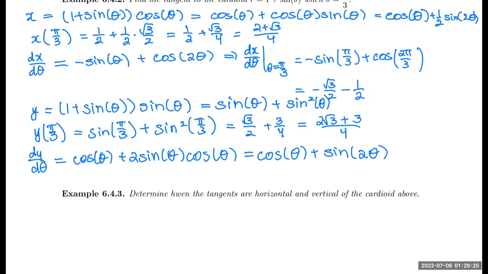So now over here, did I calculate this right? Let me double check. So 2, yep. That should be right. And now we find it at pi over 3. So at pi over 3, dy divided by d theta at theta being pi divided by 3 should equal 1/2 plus root 3 divided by 2.